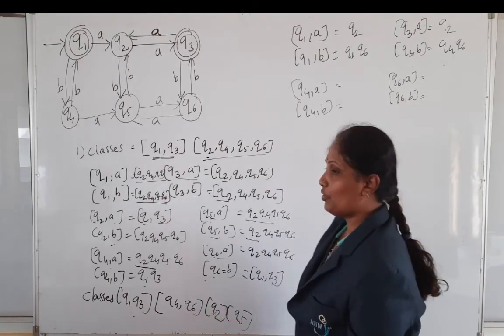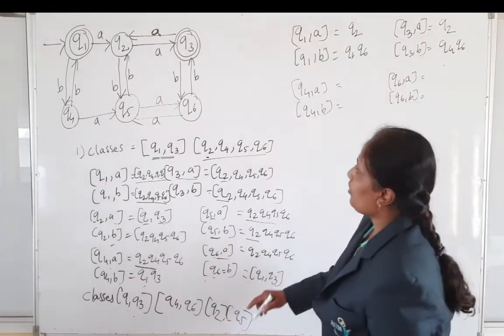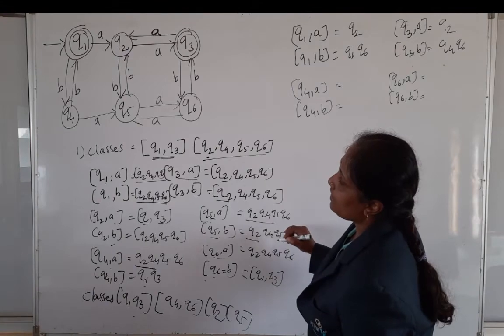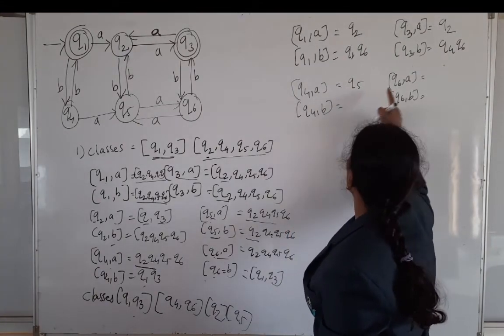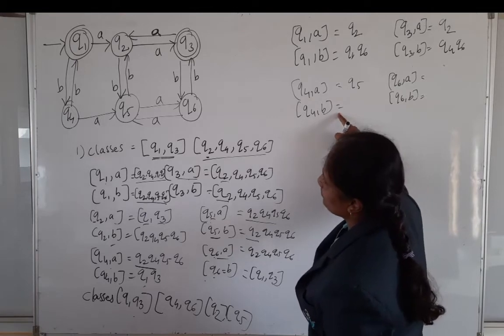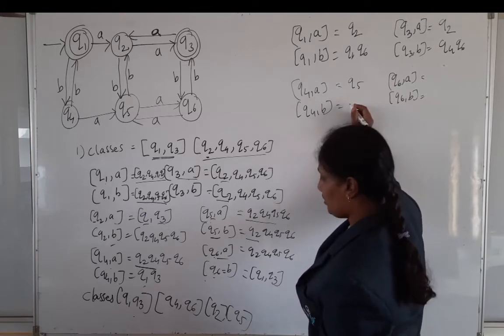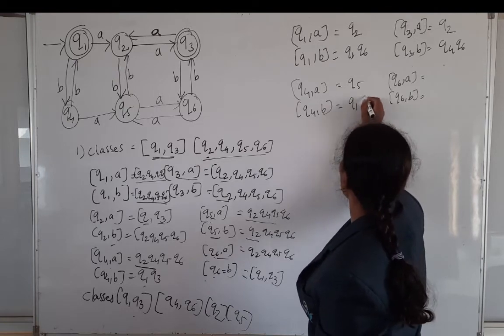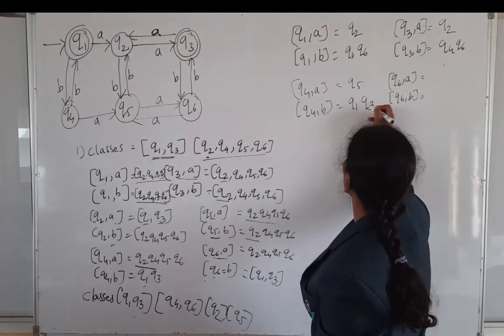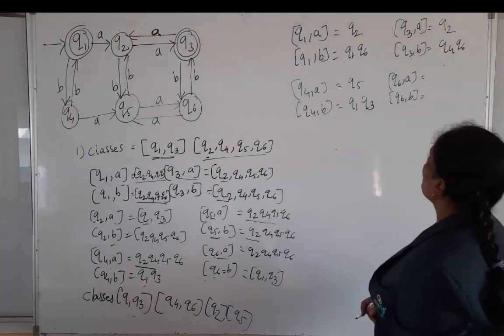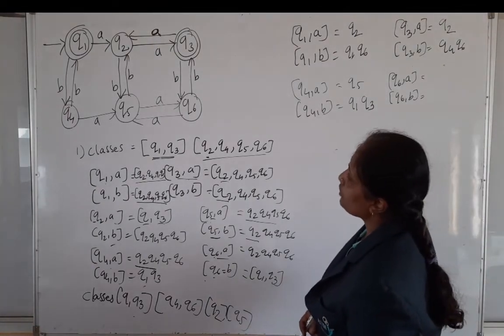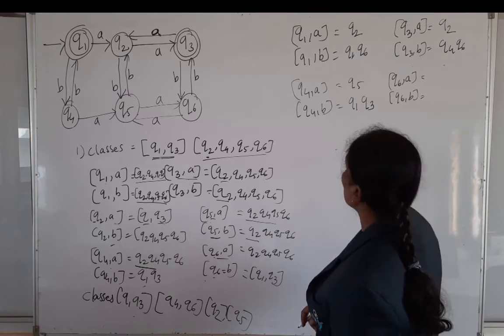Same you check for Q4 and Q6. Q4 of A, where I reach to a Q5. Q4 of B, I reach to a Q1, where Q1 is a member of Q1, Q3. Next, Q6 of A, where I reach a Q5.